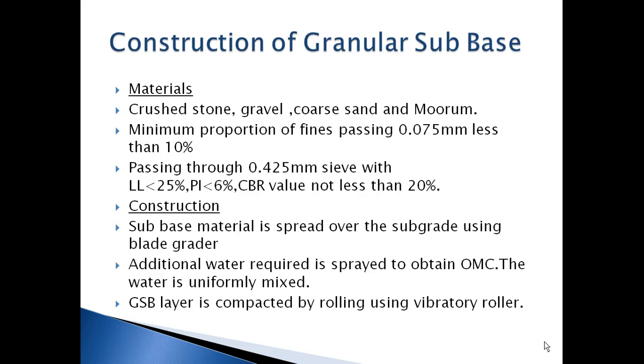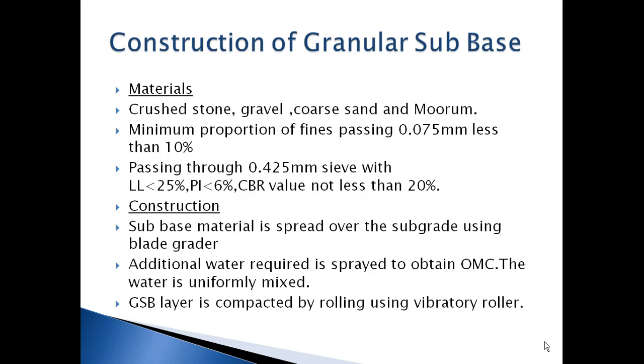The properties required for these materials are the minimum proportion of fines passing through 0.075 mm sieve should be less than 10%, and the materials passing through 0.425 mm sieve should have a liquid limit less than 25%, a plasticity index less than 6%, and a CBR value of not less than 20%.